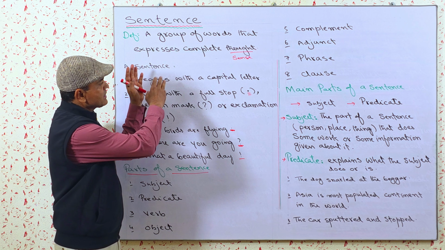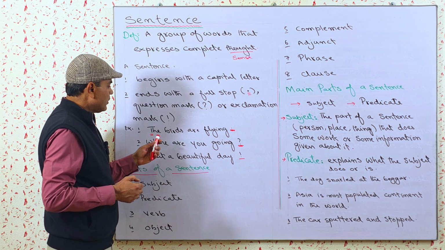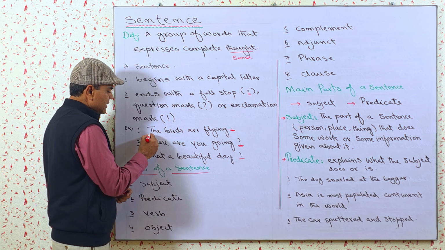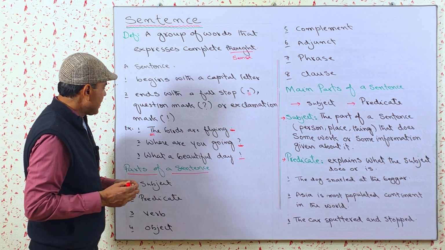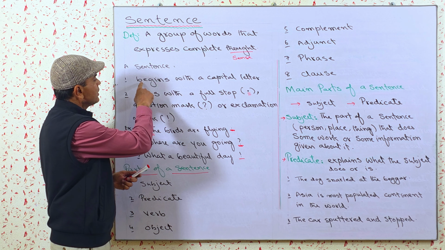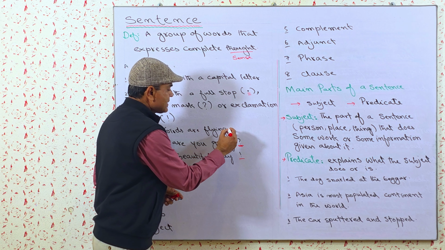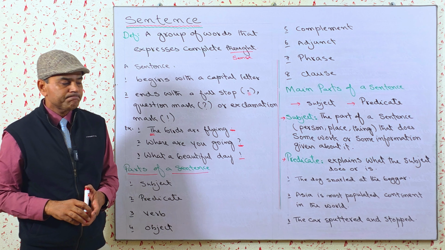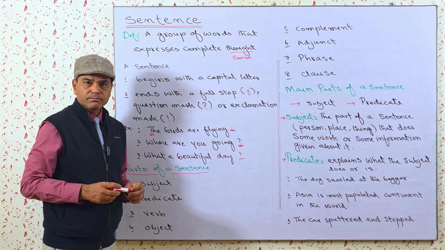Let us put all this theory into practice. The birds are flying. Here the sentence starts with the definite article "the", but I have written the first letter of "the" in capital because this is rule number 1. And I have ended the sentence with a full stop because this is a statement. The second sentence is, where are you going?